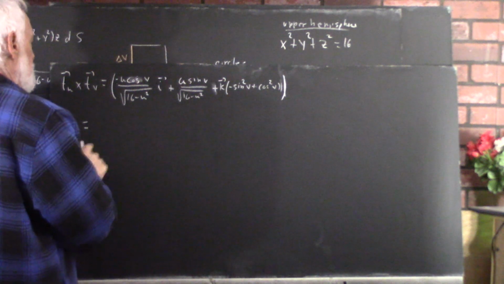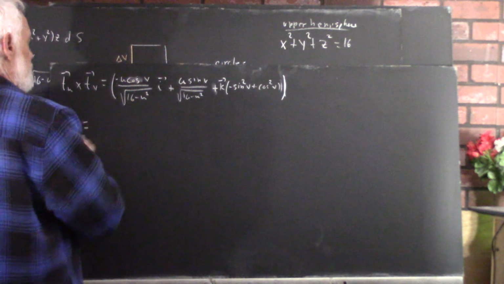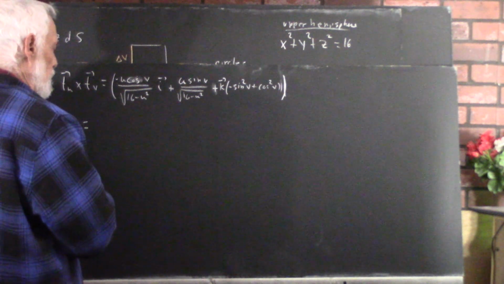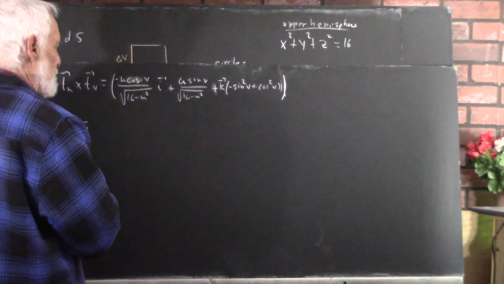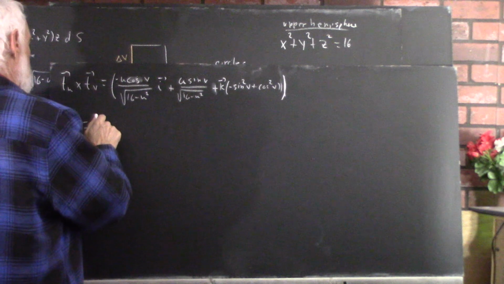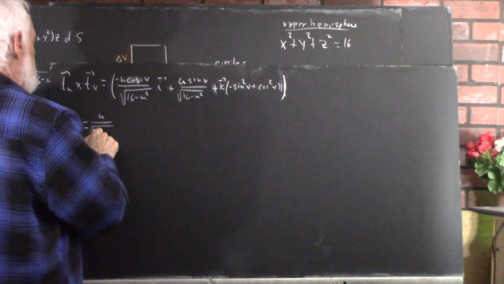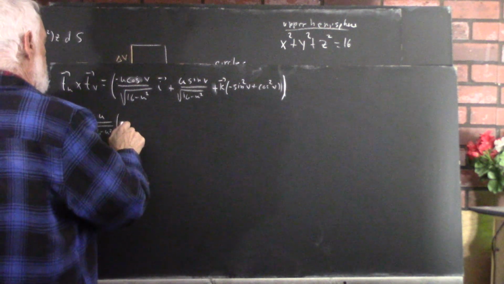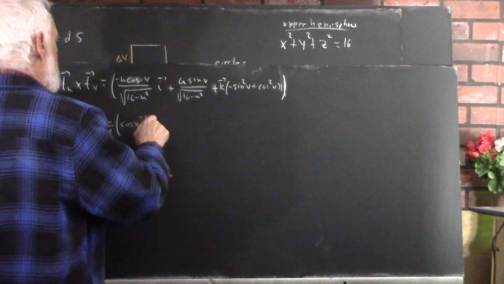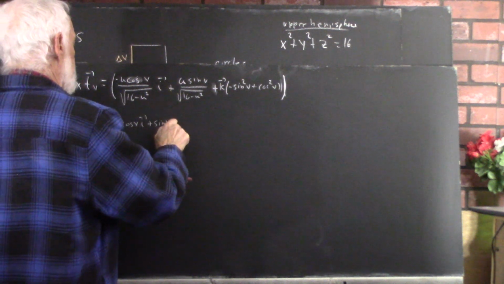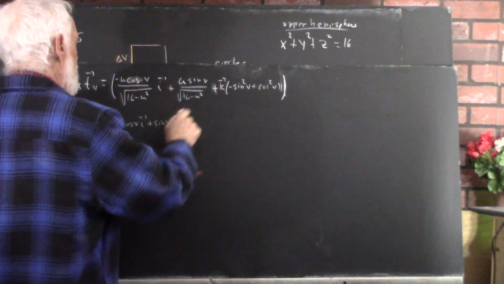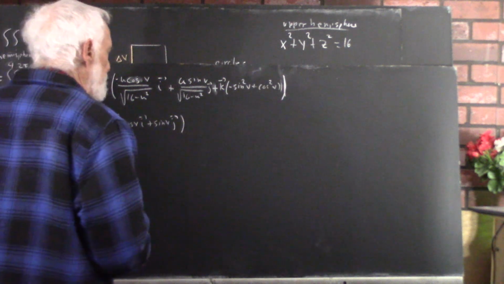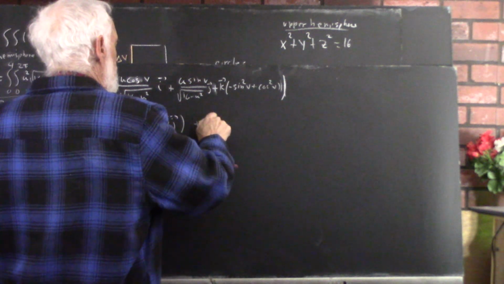So this is equal to, see if I want to simplify that before I write it out. Yeah, we'll do it. u over the square root of 16 minus u squared times cosine v i plus sine v j plus k.